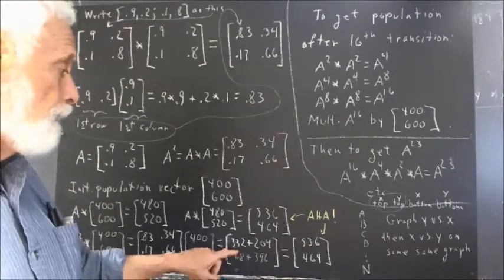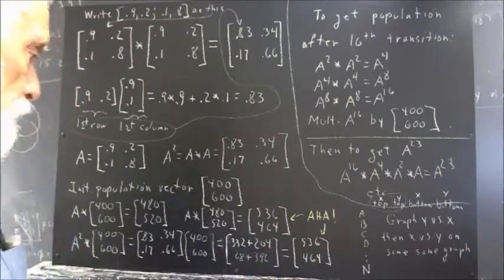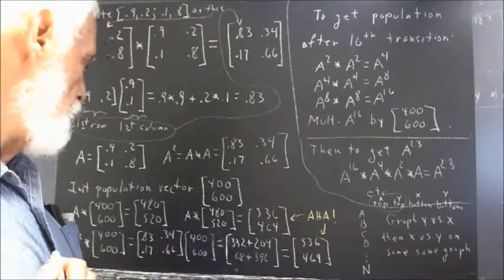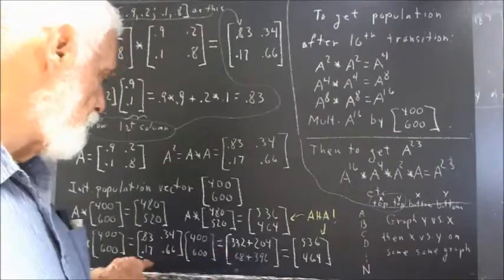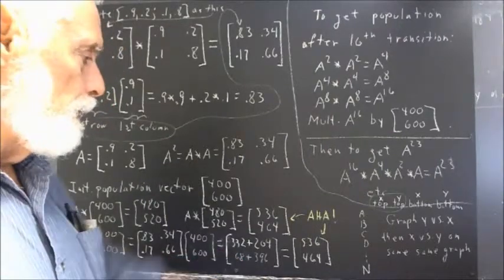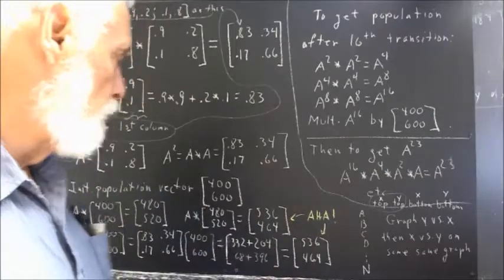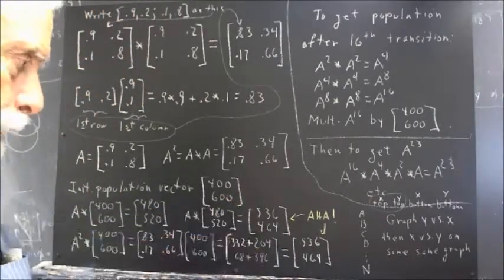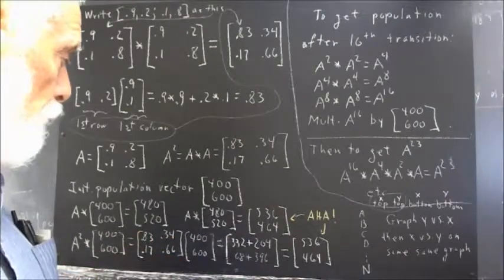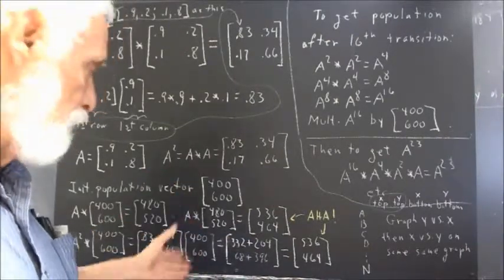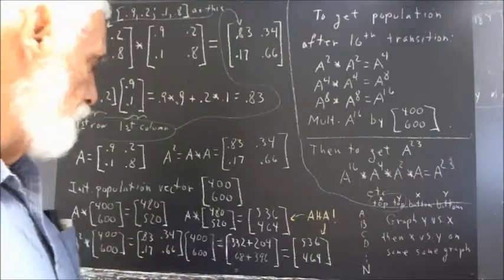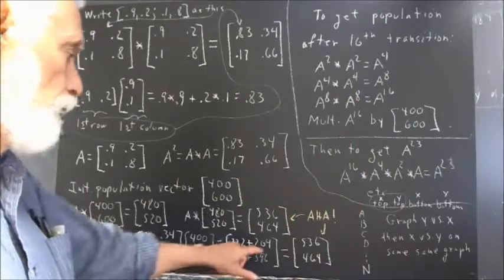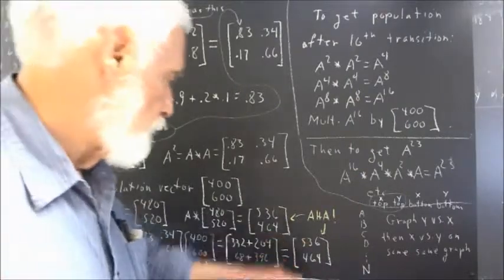Okay, so anyhow, if we add up the 332 and the 204 that we get here, and the 68 and the 396 that we get here, we get 536, 464. I didn't go over the multiplication of 0.34 by 600, but it comes out 204. And that one's really pretty easy. 3 times 6 is 18, so you get 180. 4 times 6 is 24, 180 and 24 is 204. Okay, and these additions are easy.